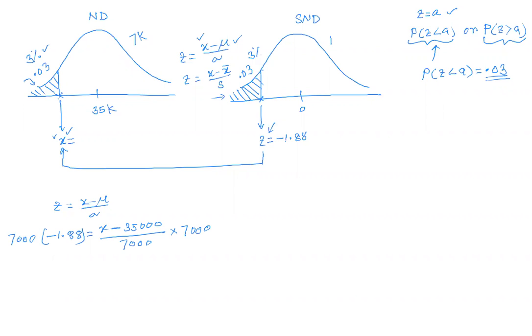If you do the math, this and this cancel out, that gives you x minus 35,000 is equal to 7,000 times negative 1.88, which is negative 13,160. Then you add 35,000.